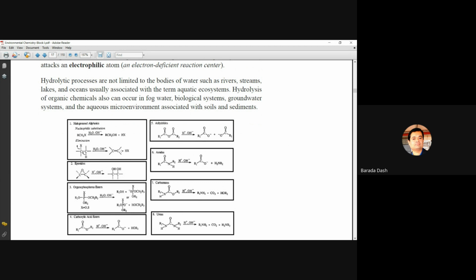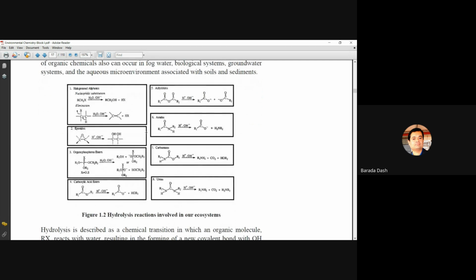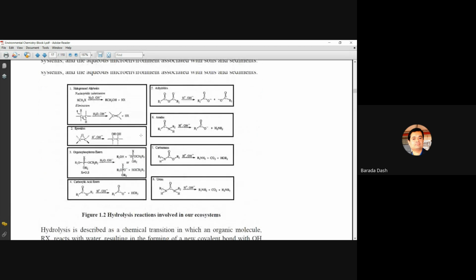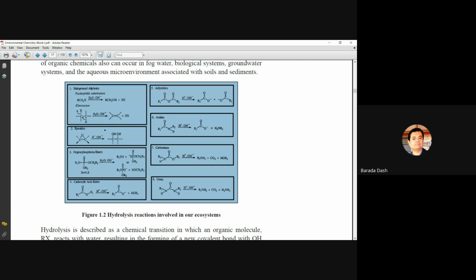Here you have an elimination reaction. In these reactions there are different types, such as dehydrohalogenation, elimination, and nucleophilic substitution.